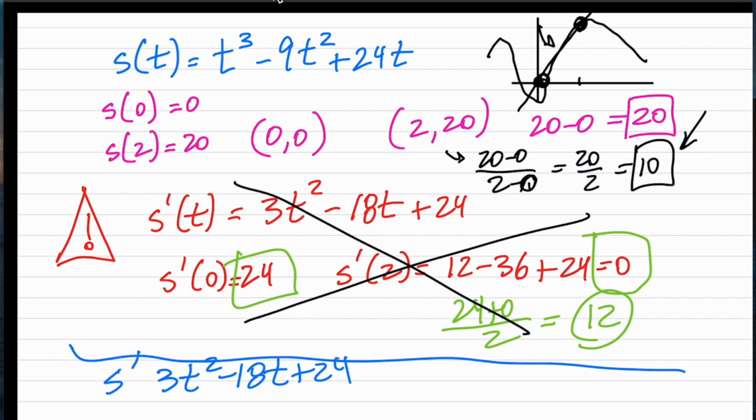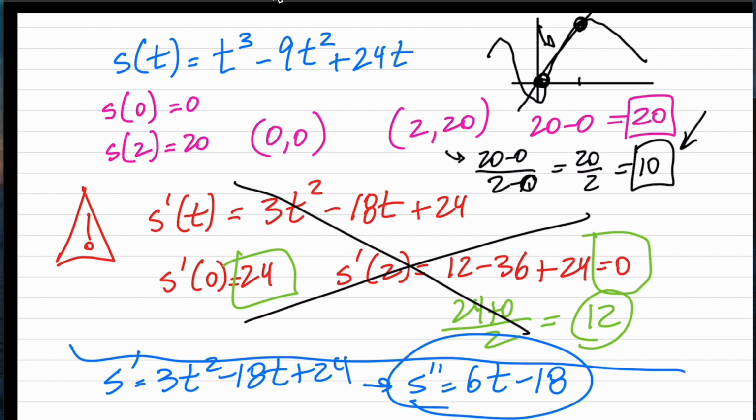That's s prime. And when we do s double prime, we're going to get 6t minus 18. That is not a constant acceleration. This acceleration is going to change as t changes. And in that scenario, these two will not match up.